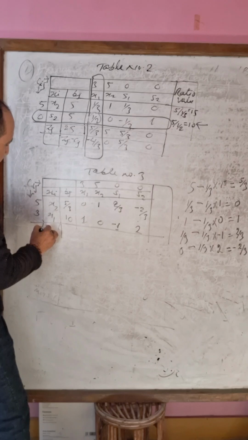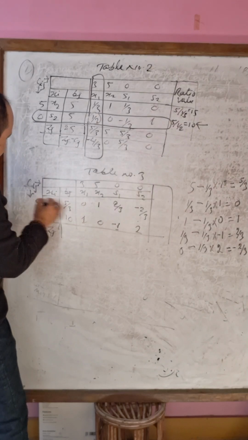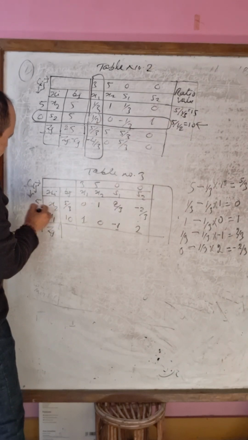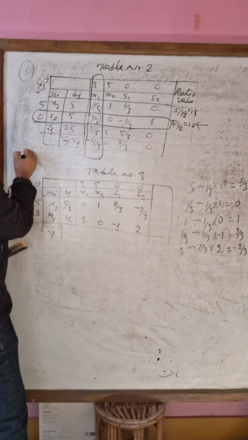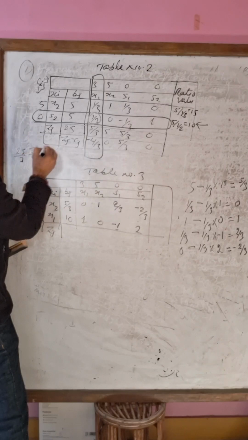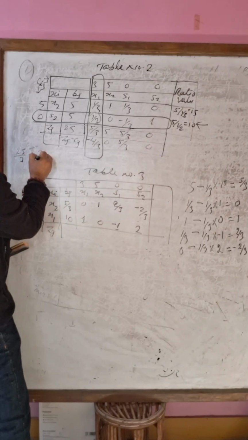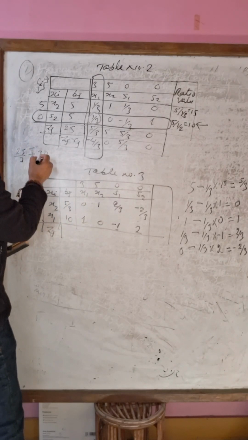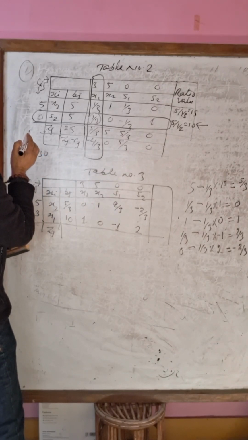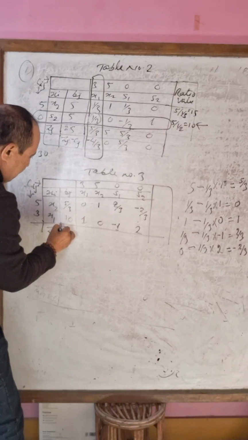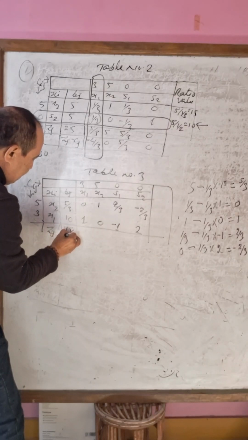Now Zj you calculate. 25 by 3 plus 30, 30 means 90. Okay, 90 plus 25, 115 by 3. This value is 115 by 3.